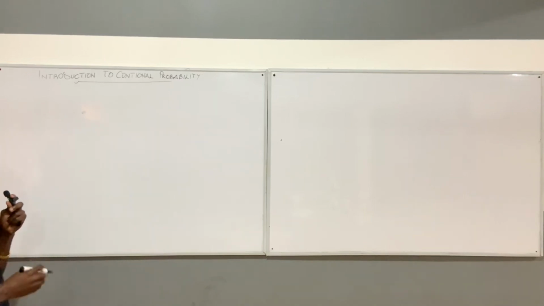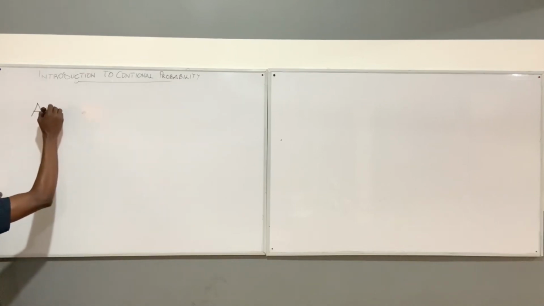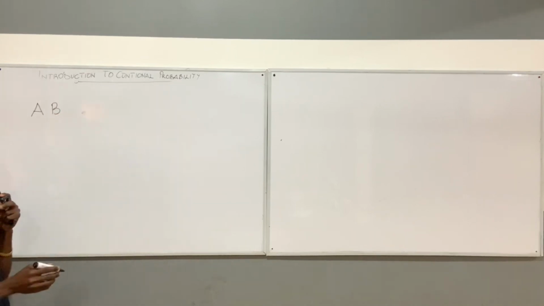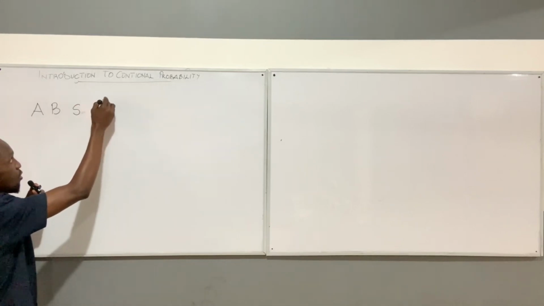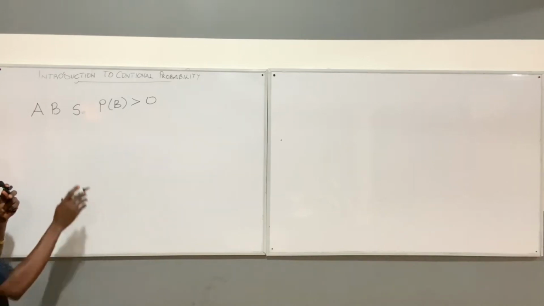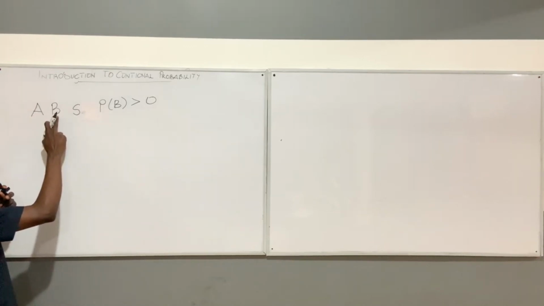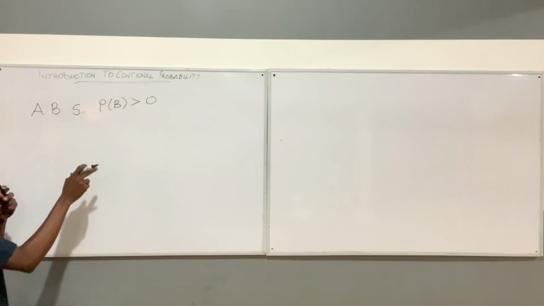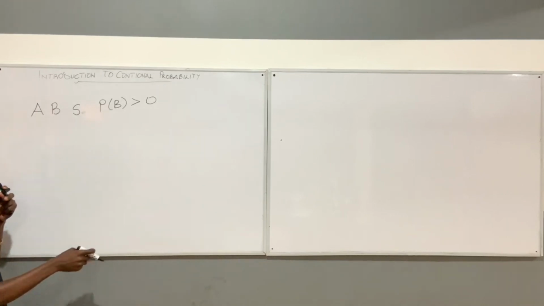We are saying that when we have two events, A and B, in a sample space S, with the probability of B being greater than 0, know that A is an event, B is also an event, but this time we already have the probability of B. That means B has already occurred.